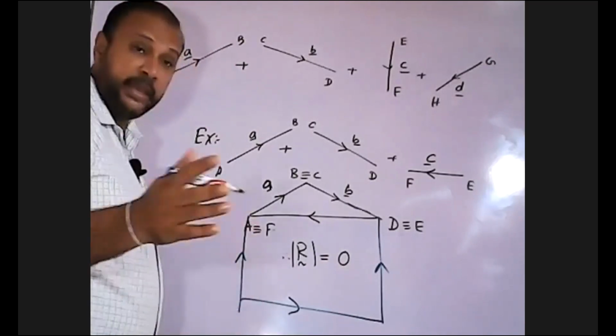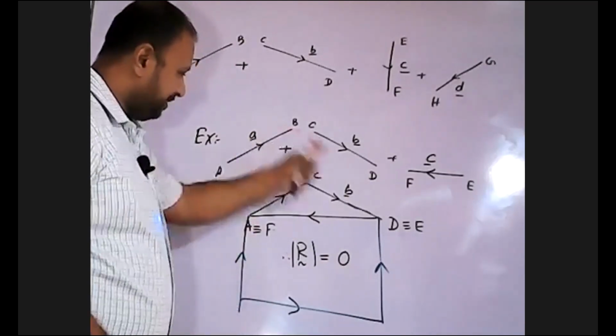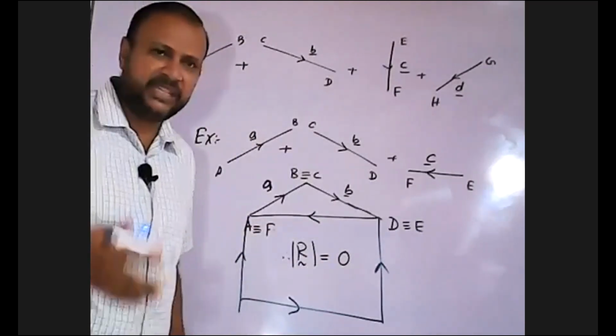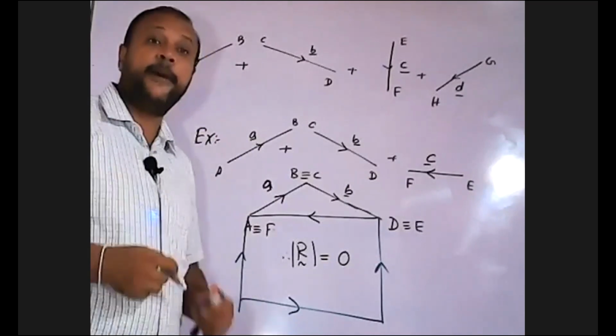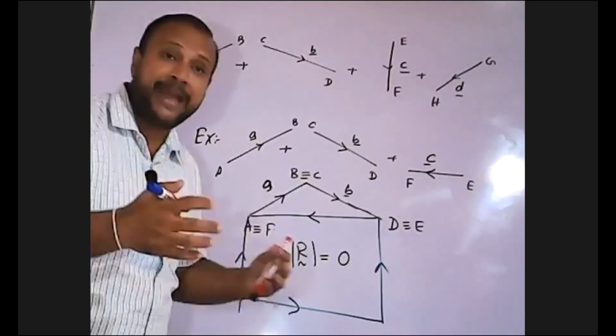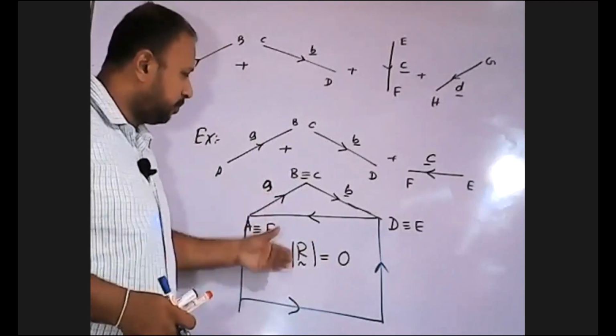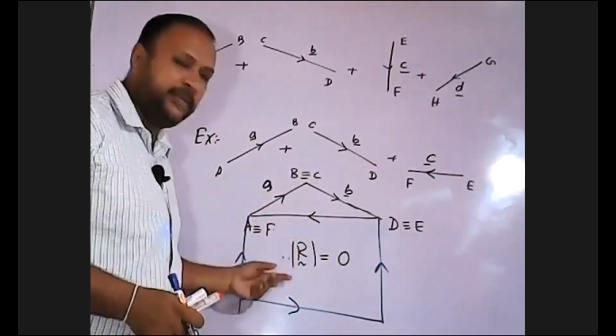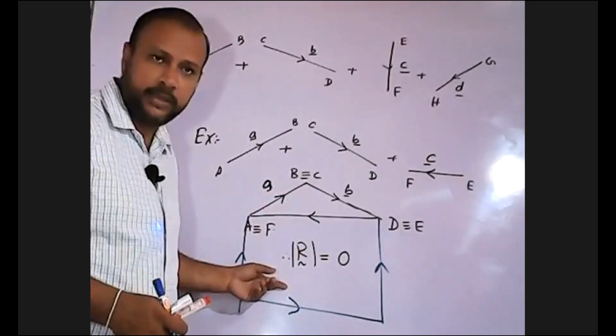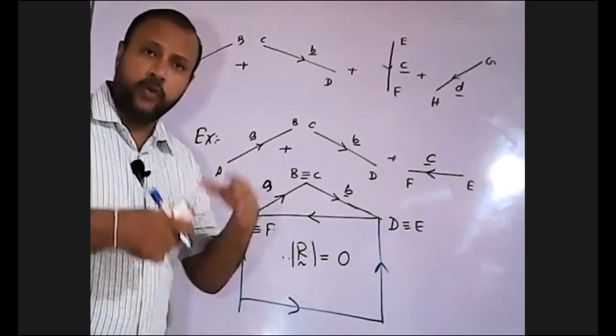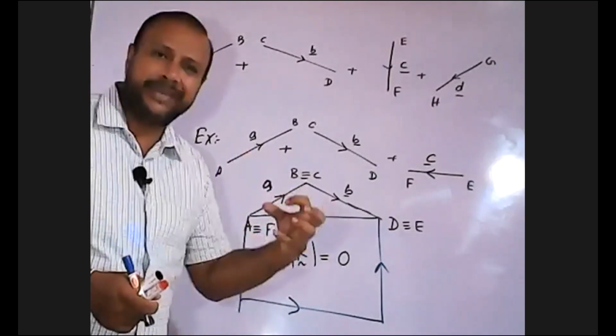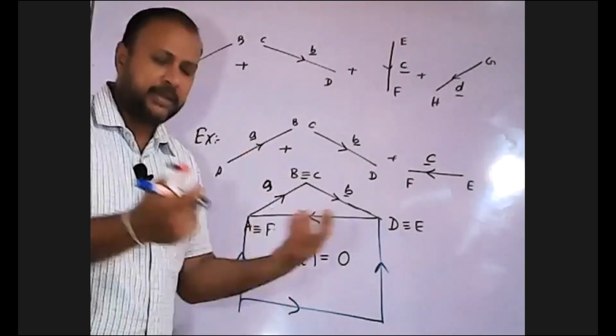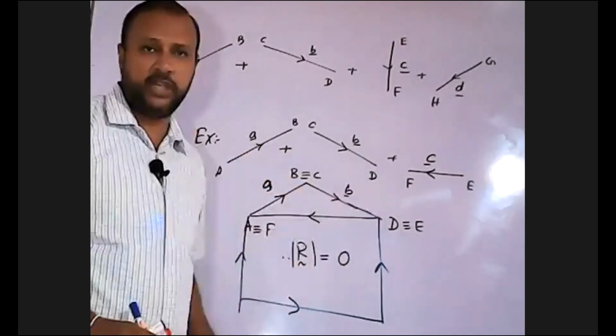So this is a complicated shape. That means it is a combination of two shapes. One is a triangle, the other one is a rectangle. So normally you are given complicated shapes with some combination of geometrical shapes.